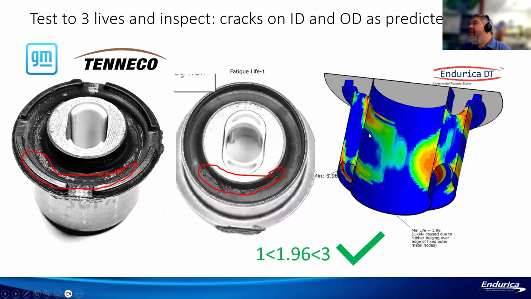Again, you can see here, here's the outside diameter, here's the inside diameter. Both of those cracks were predicted and fit well within the life observations that we were making. I chose this example because I think it shows accuracy, completeness, and scalability all in one example.